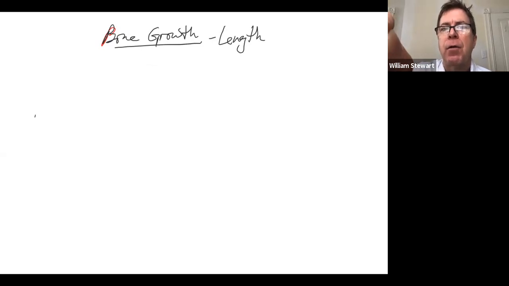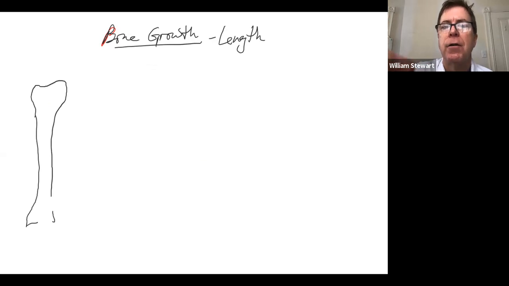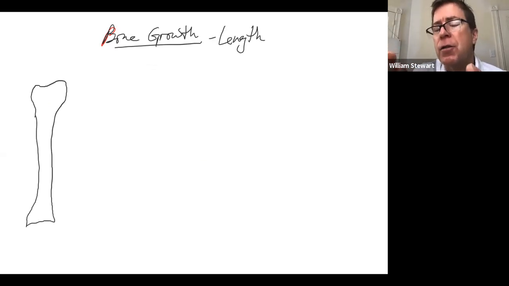So if I draw a bone over here, here's a long bone. In children and in adolescents, there is a cartilage plate that exists here and here in the metaphysis area. And technically, there's very little physical connection here and here to the bone parts.